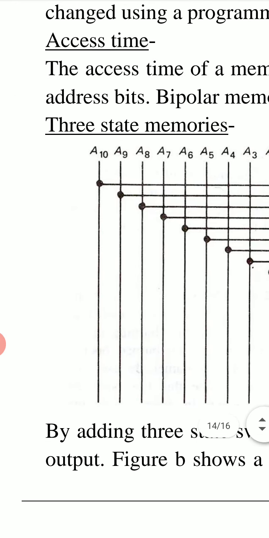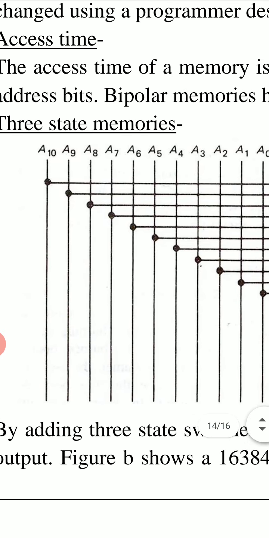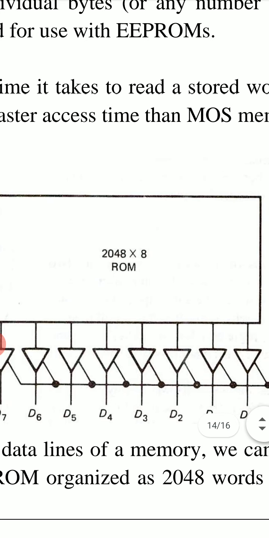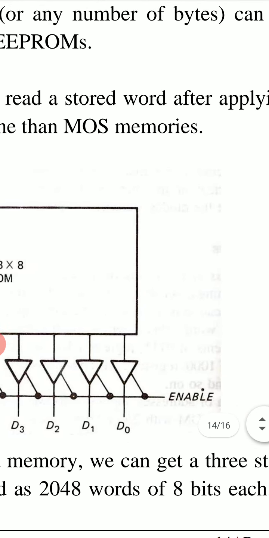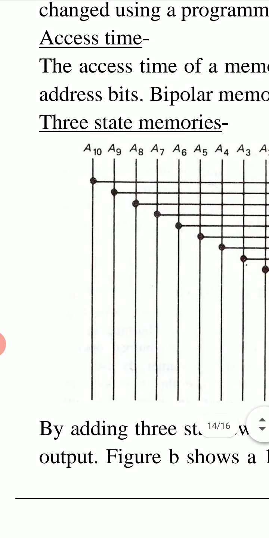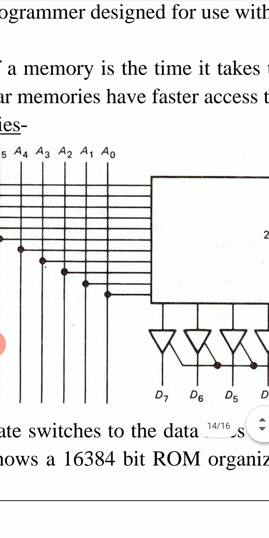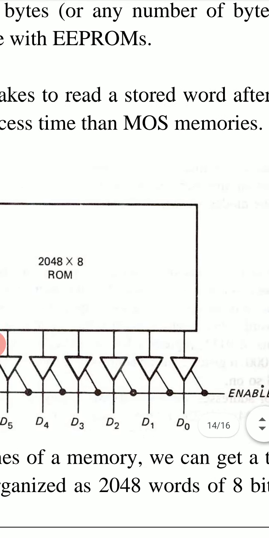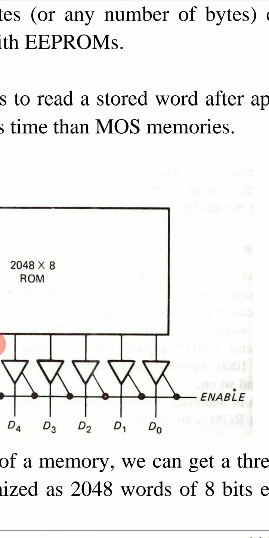This time is known as access time. So access time of a memory is the time it takes to read a stored word after applying address bits. Bipolar memories have faster access time than MOS memories.